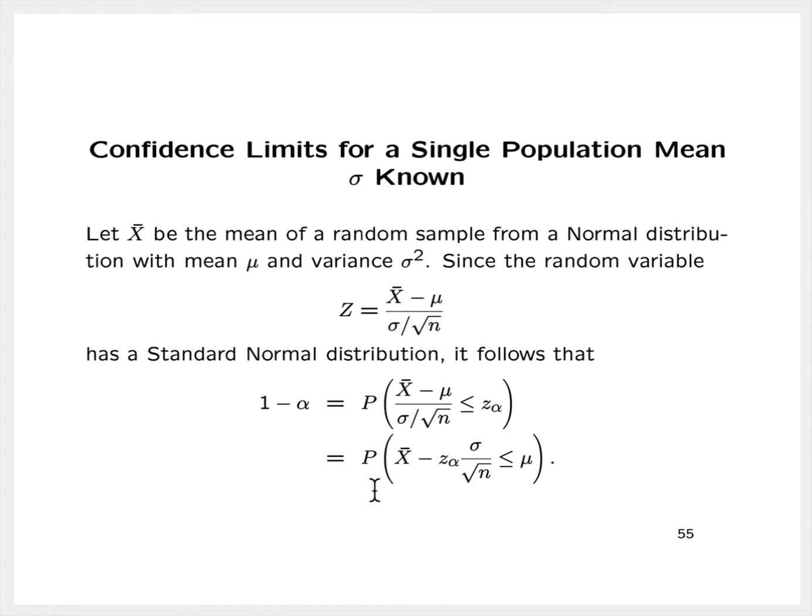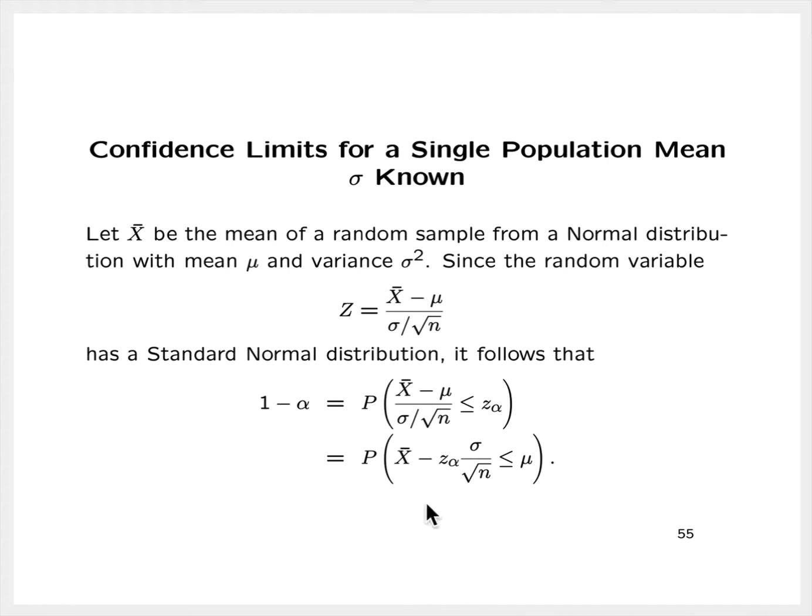So we can think of this either as the probability that the random variable given by x bar minus z sub alpha times the standard error of x bar is less than or equal to the constant mu is equal to 1 minus alpha, or as the probability that the constant mu is greater than or equal to this random variable.